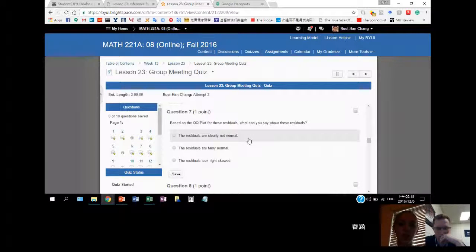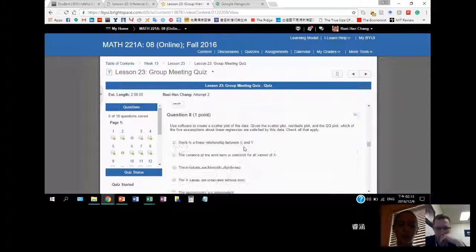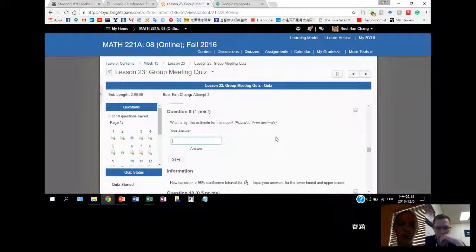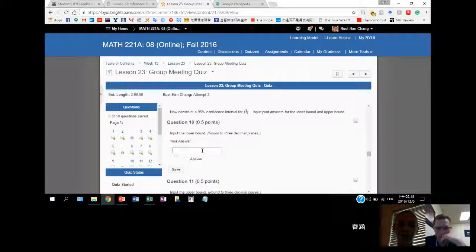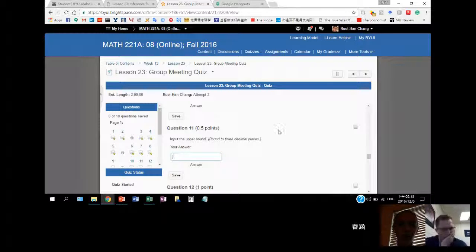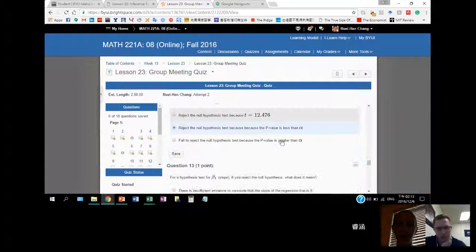7 is the second one. Question 8 is the first 3. Question 9 is 12.695. Question 10 is 10.674. Question 11 is 14.715. Question 12 is the third one, reject the null hypothesis tests.